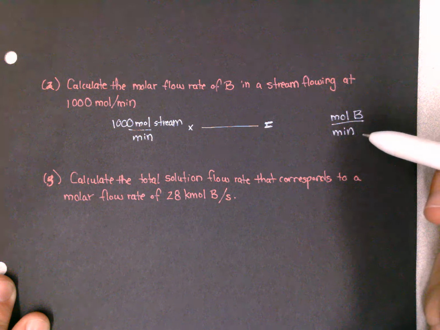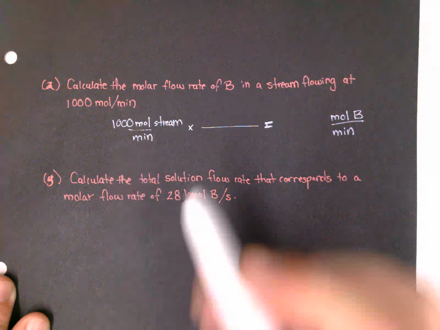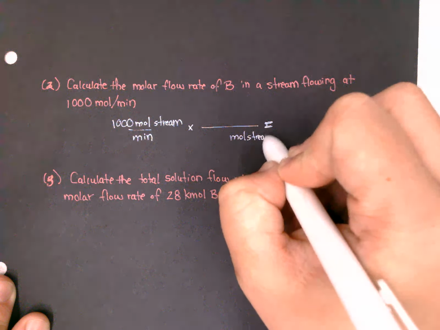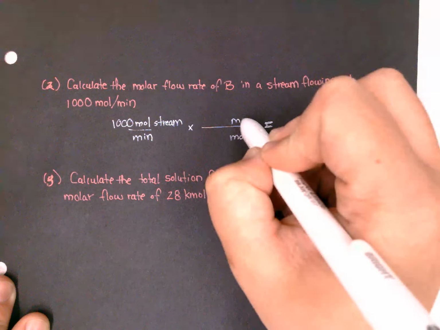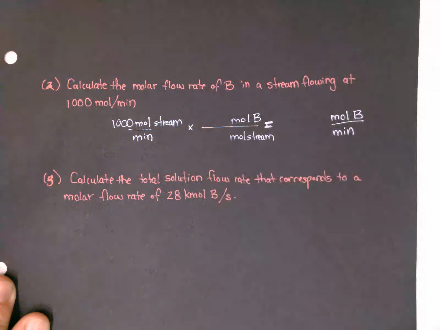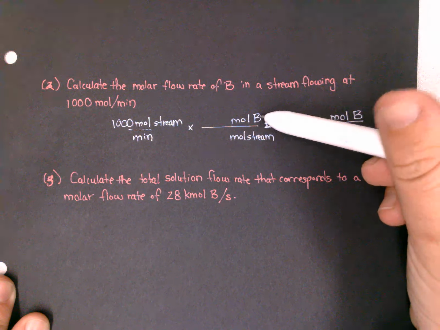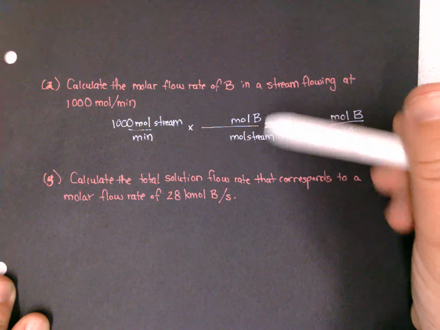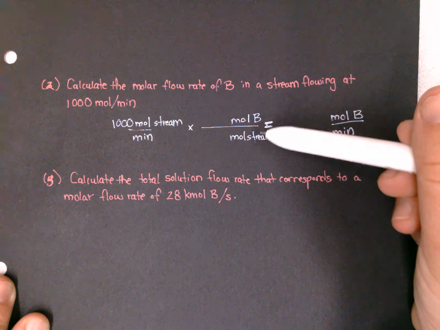So basically what we need to do is we don't really care about the minutes, but we've got to get rid of the moles in the stream. And we want something with moles of B in the top, right? Well, this right here, moles of B per moles of stream, is B over the total. So that is the molar fraction, the mole fraction.